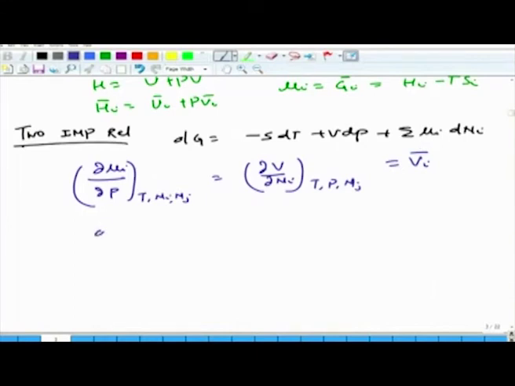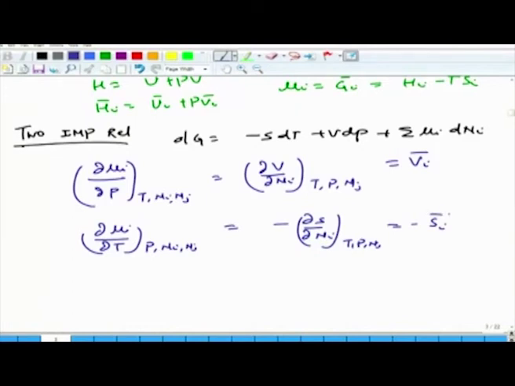Similarly, using the same fundamental equation, we can also write, again using the Maxwell relation, that minus the partial molar entropy of component i is nothing but the partial derivative of the chemical potential with respect to temperature. And the partial molar volume of component i is nothing but the differentiation of chemical potential with respect to pressure.